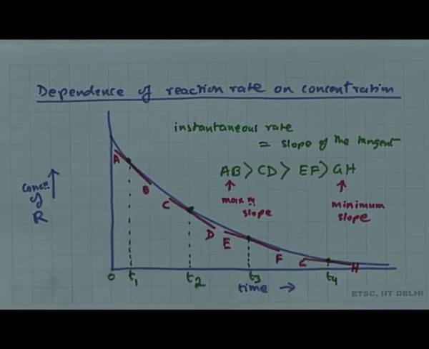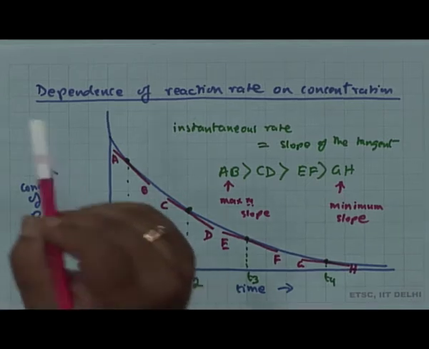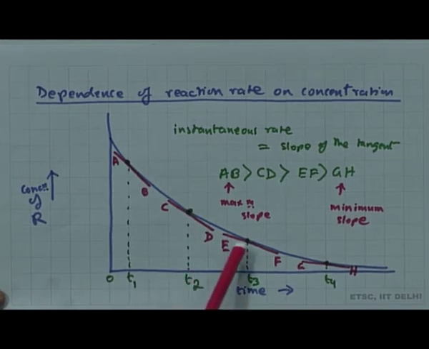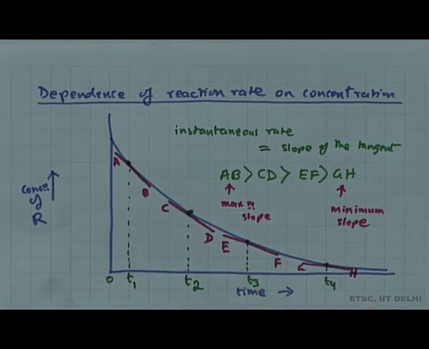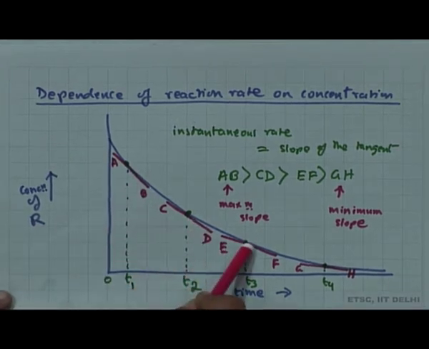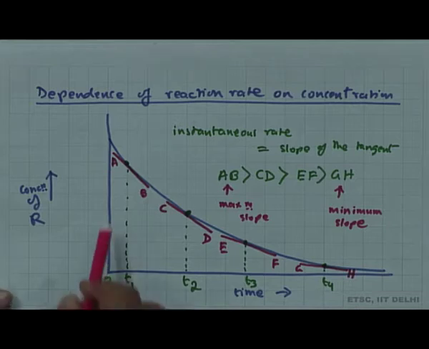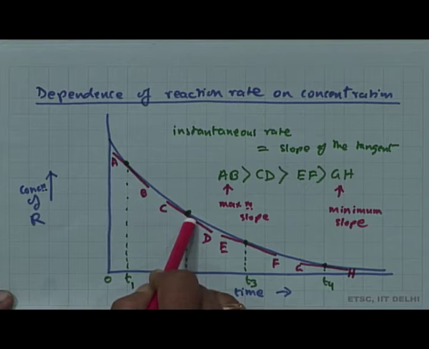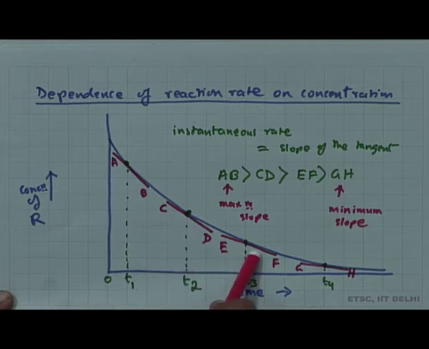Now, if you take definite time points like say T1, T2, T3 and T4 and try to calculate the instantaneous rates at all these, essentially the slopes, what you will see is that the slope of this tangent AB is greater than the slope of this tangent CD, is greater than the slope of this tangent EF, is greater than the slope of this tangent GH.